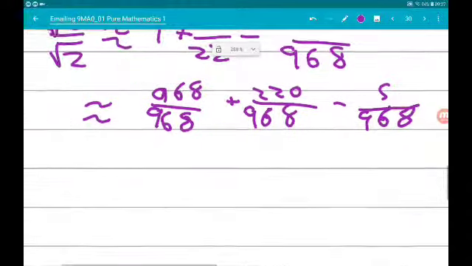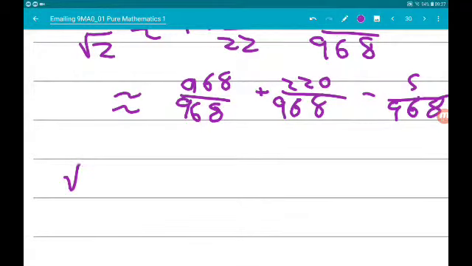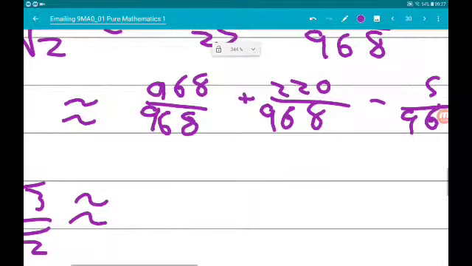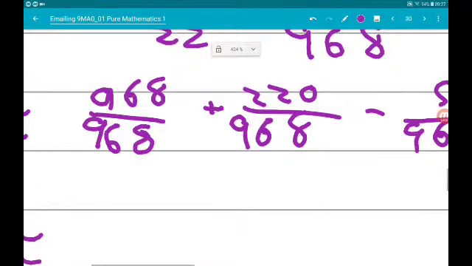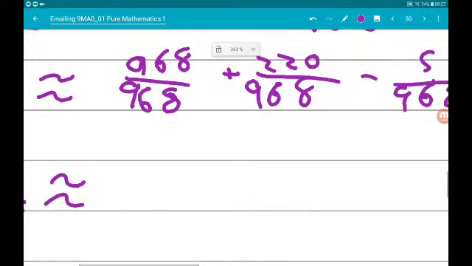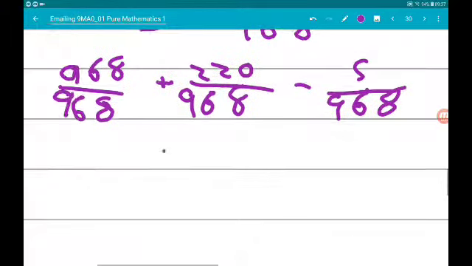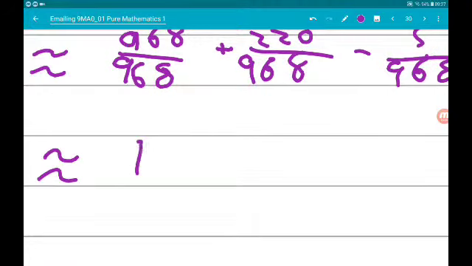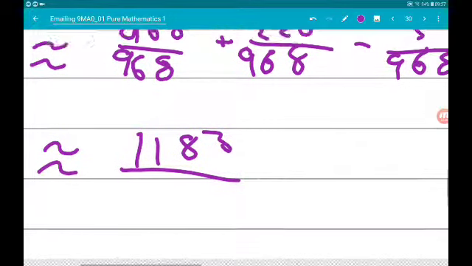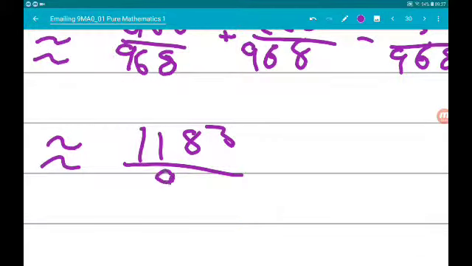Okay, so root 3 over root 2 is approximately, so 968 add 220 is 1188. So we got 1188 on top minus 5, so we get 1183 over 968.